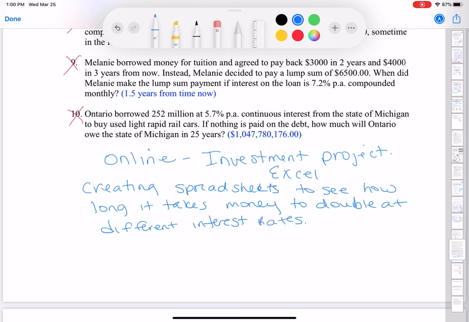And by the end of the activity, you are supposed to be able to come up with that double time is equal to 72 over I in a percent version.